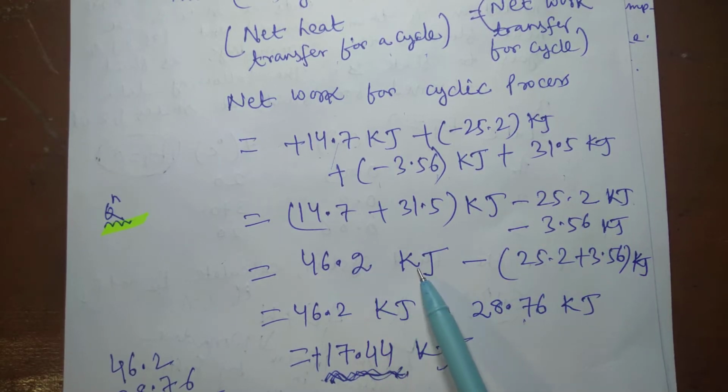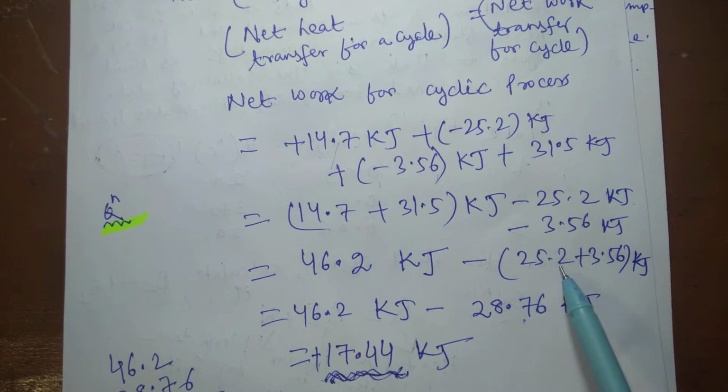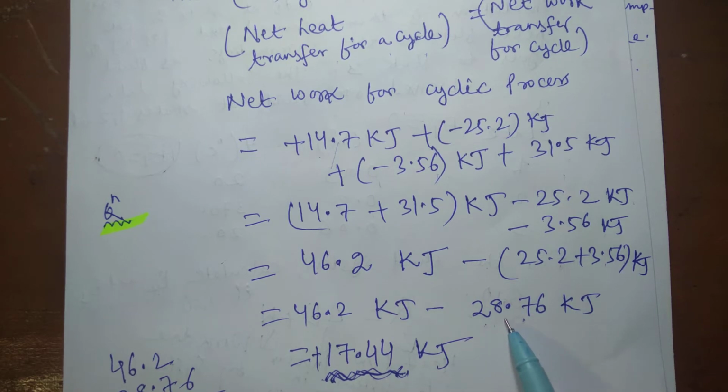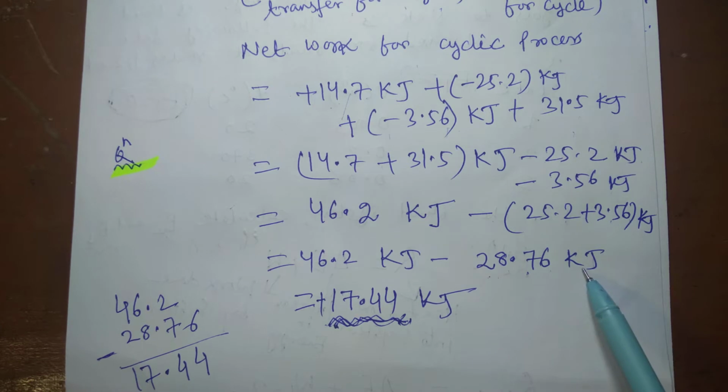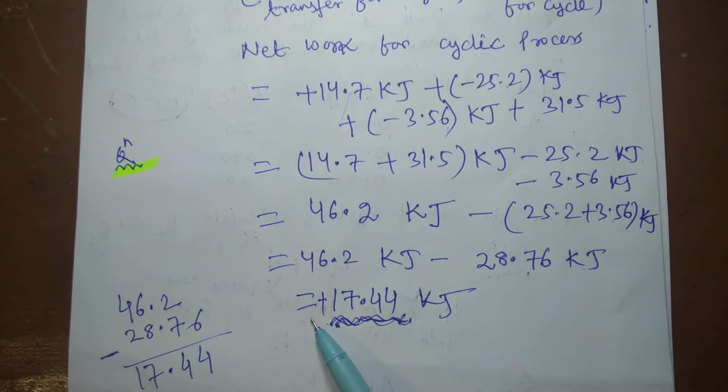So 46.2 kilojoule minus the sum of 25.2 and 3.56, which gives 28.76 kilojoule. So 46.2 kilojoule minus 28.76 kilojoule results in plus 17.44 kilojoule. So this is the net heat interaction as well as the net work interaction.